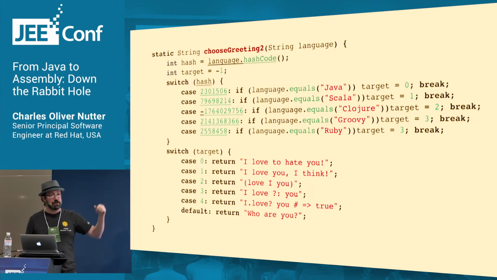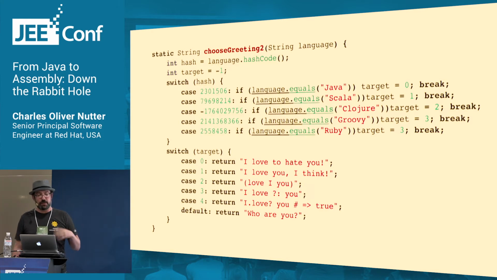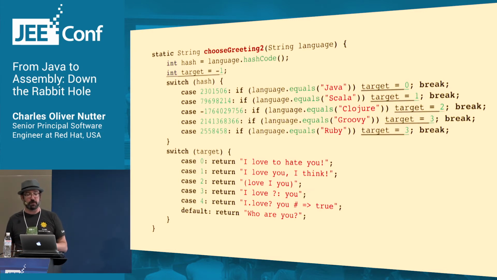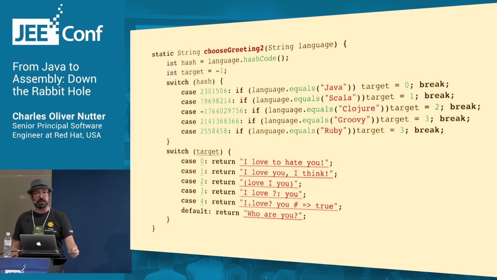So we figure out which of these hash codes match up, and then we still need to check that we've actually got the right string. So we check if it's the Scala string, Groovy string, and so on. Once we've determined we do have the right string, we set another value. Now this value is used down below in another switch. This is a table switch. So now we know it's the second case, and we can branch to, say, the closure case.